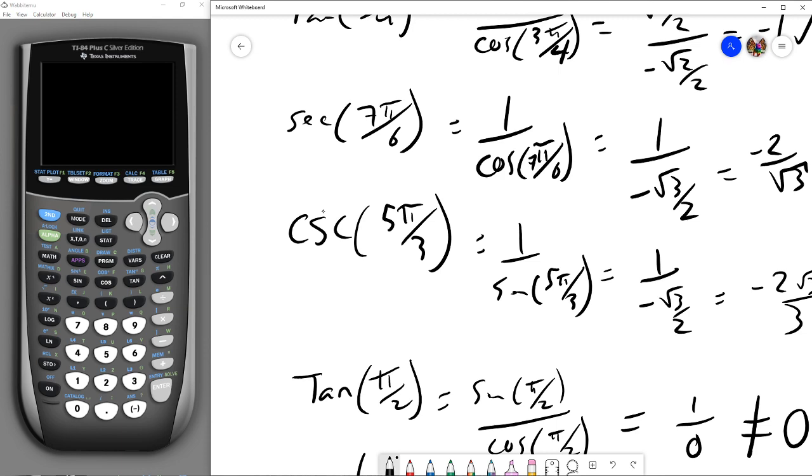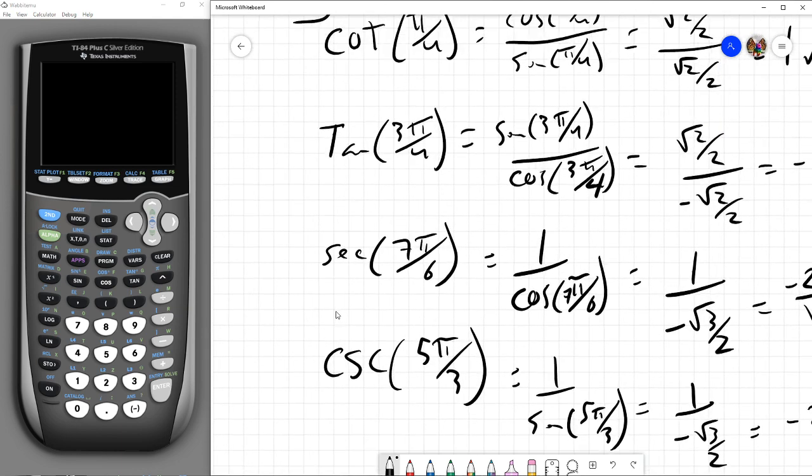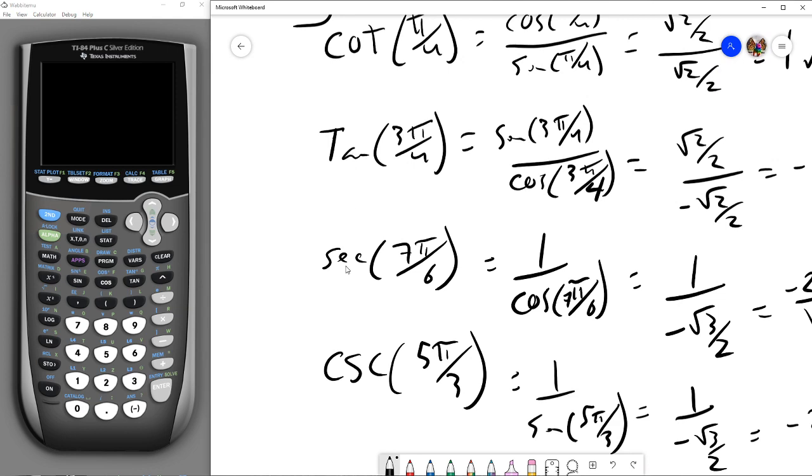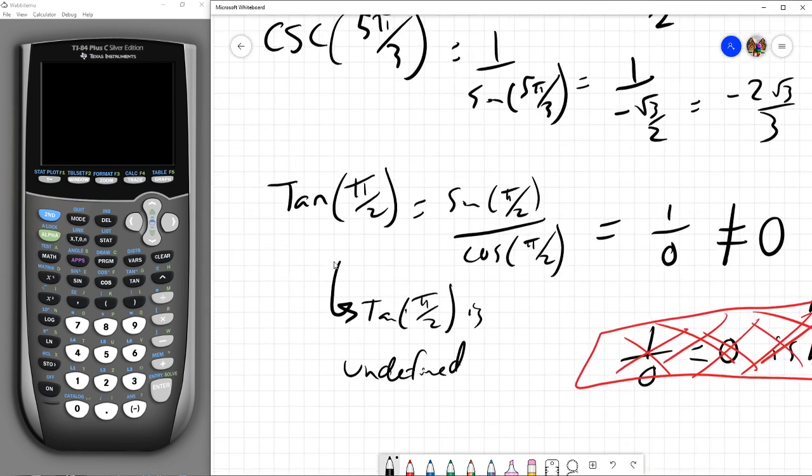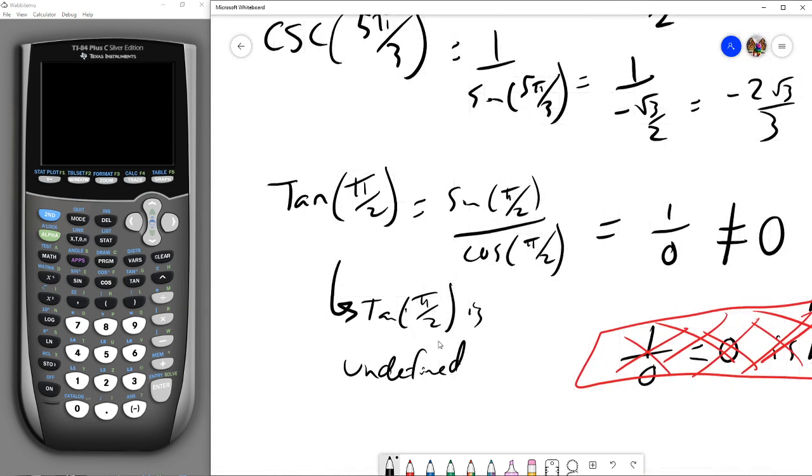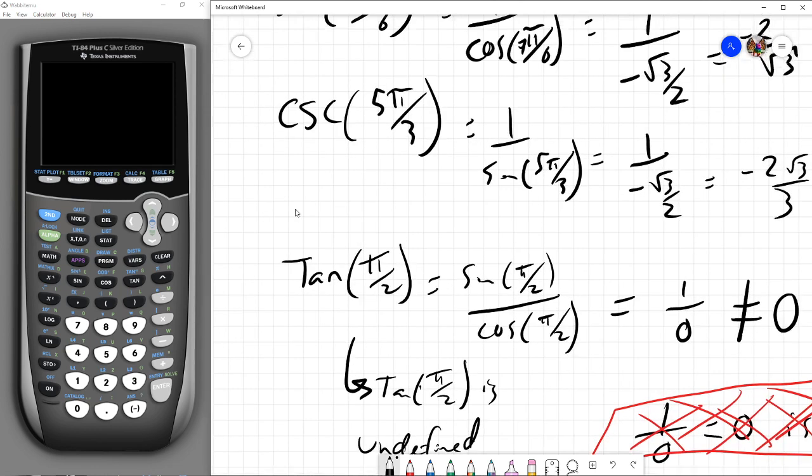And when they do, you can't divide by 0. So these 4 trig functions, we just say they're undefined whenever you get to the situation of 1 divided by 0.